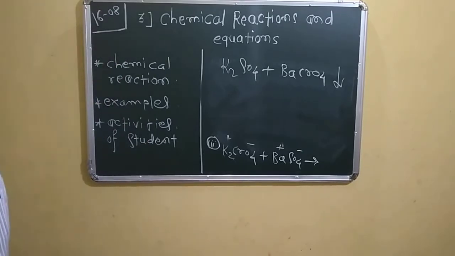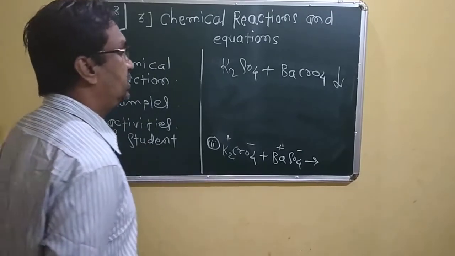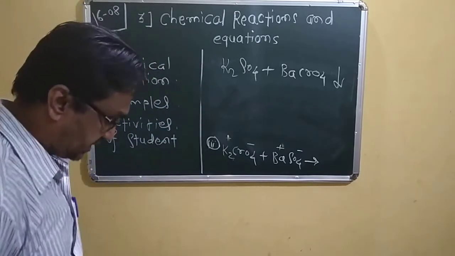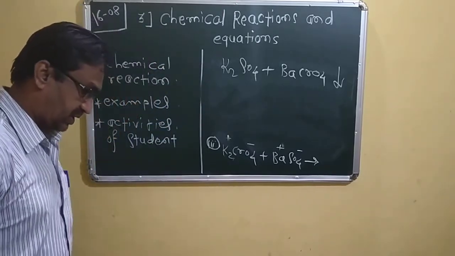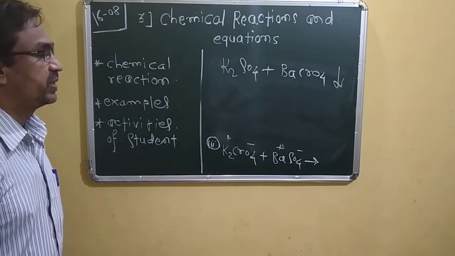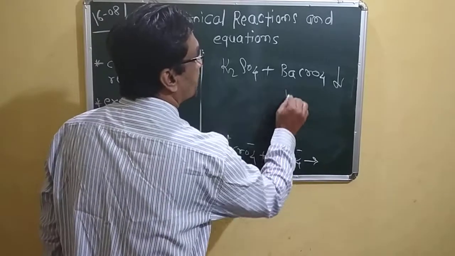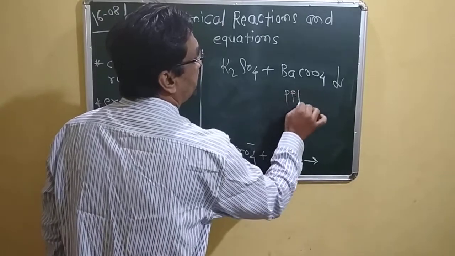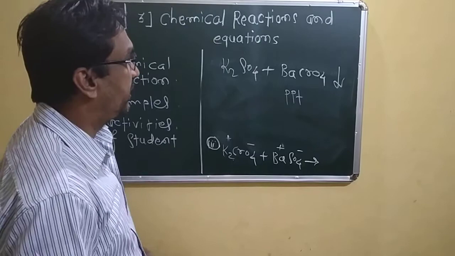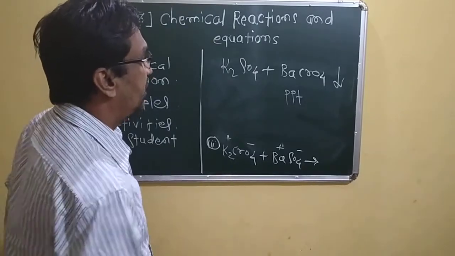When solution of potassium chromate reacts with barium sulfate, a yellow PPT of barium chromate is formed out. PPT means precipitate. We have to find out a yellow colored precipitate.